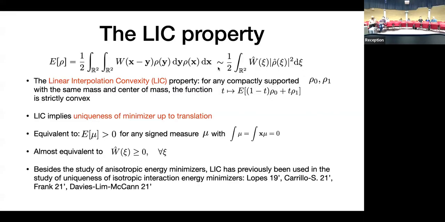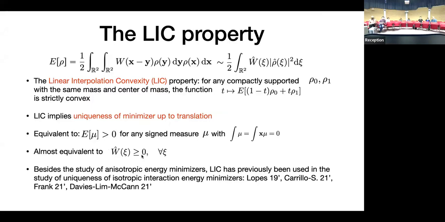Of course, if your W has some growth at infinity, you have to deal with some possible singularity of W hat near 0, but typically it is a minor issue. So we can say that if you want this to be positive for any signed measure mu inserted into here, then you are basically requiring that W hat is non-negative.